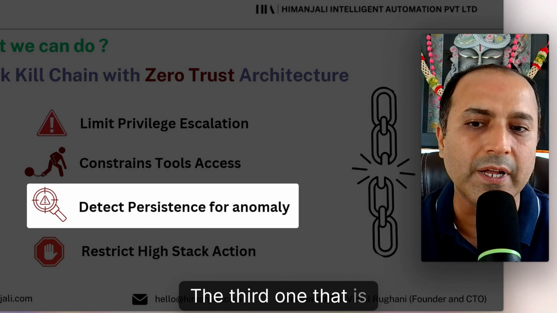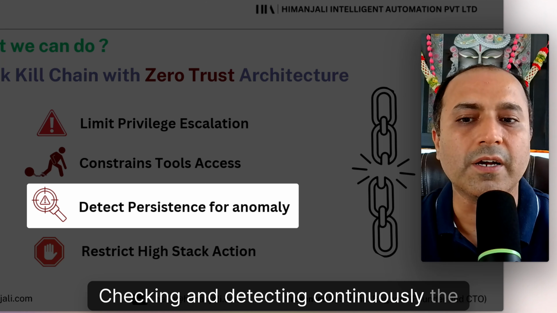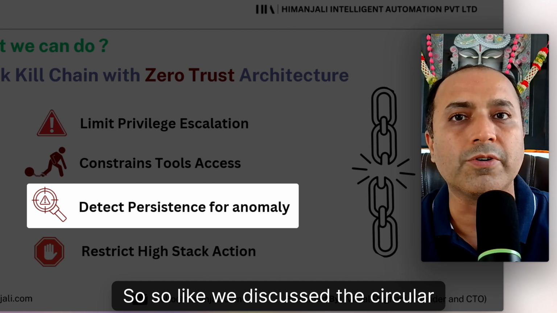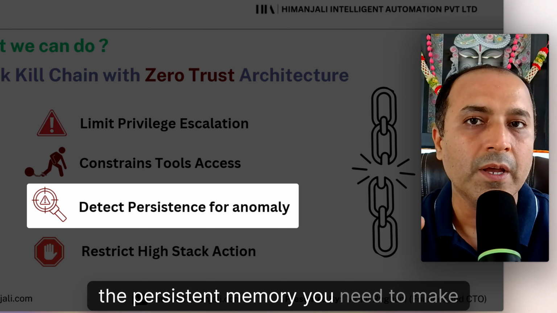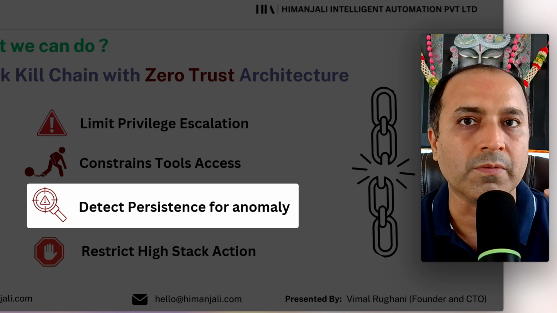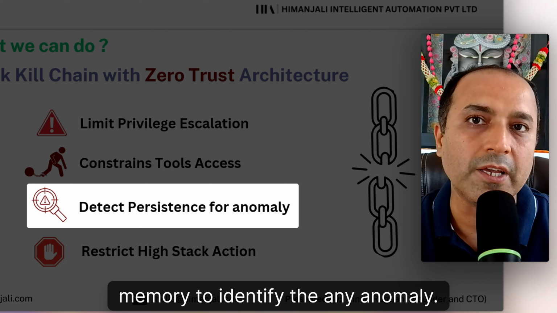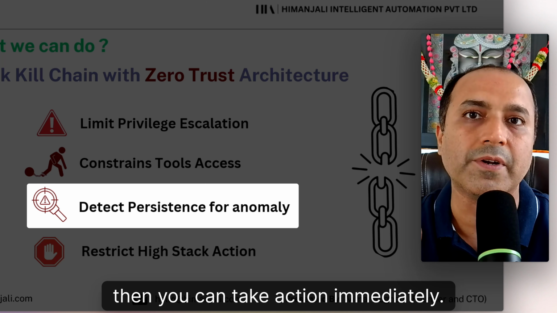The third one is continuously checking and detecting persistence anomalies. As we discussed, the circular attack on the system happens with the help of persistent memory, so you need to continuously observe the persistent memory to identify any anomaly. If there is any, then you can take action immediately.